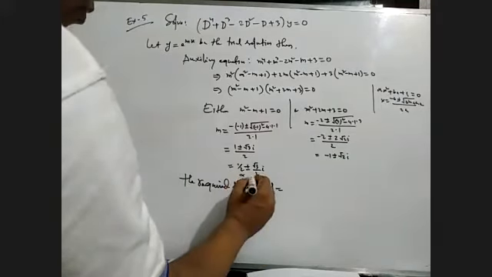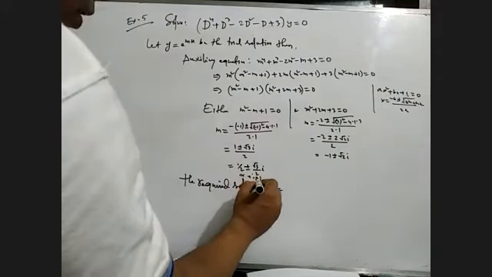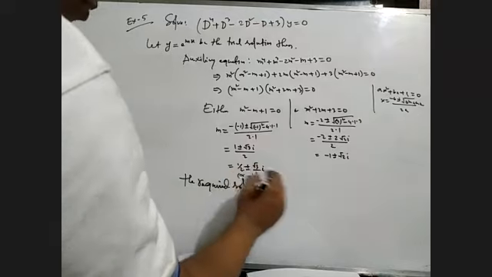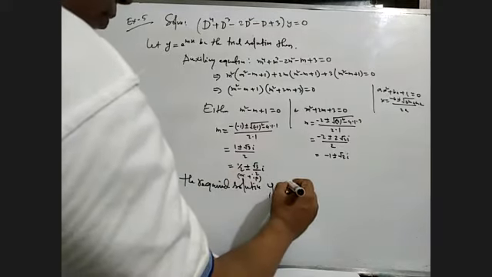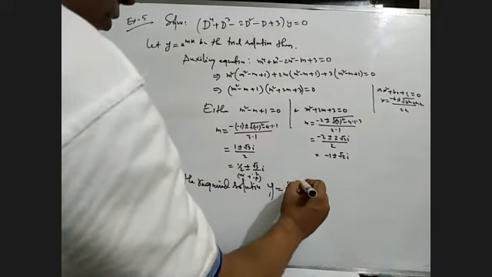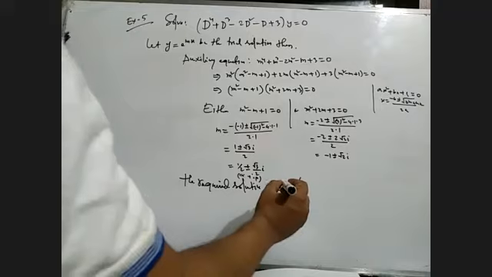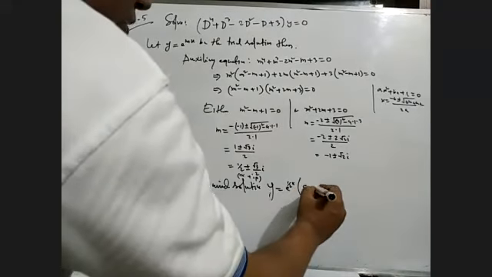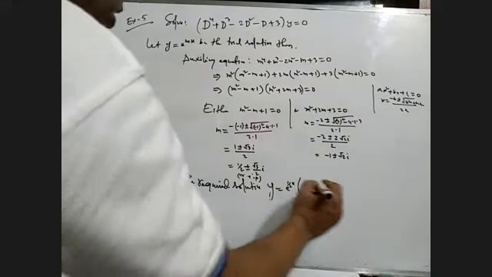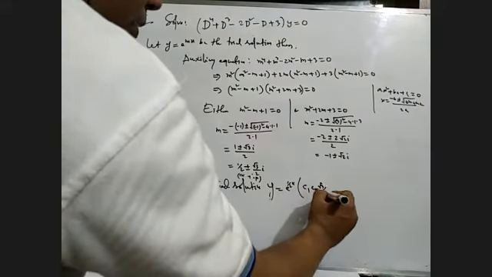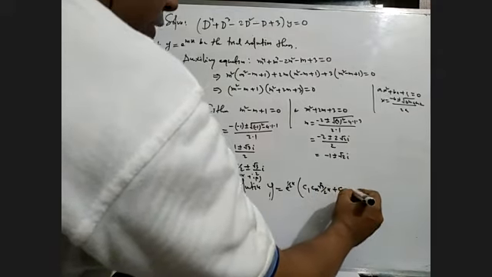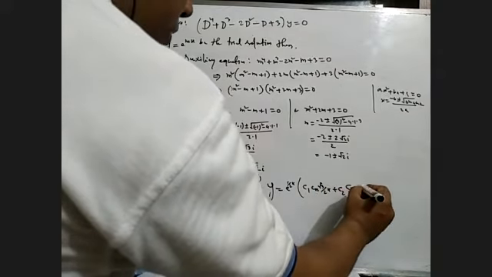If we denote the root as alpha plus i beta, then e to the power alpha x means e to the half x, and first constant c1 cos beta x, which is root 3 by 2 x, plus c2 sin root 3 by 2 x.